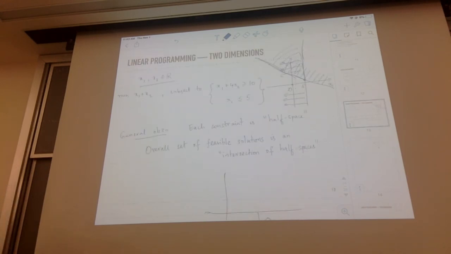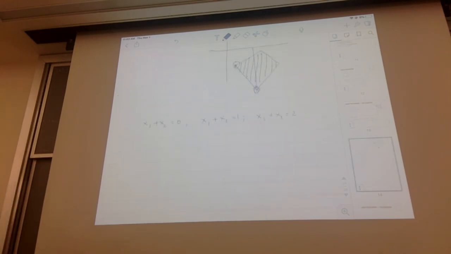In the 2D plane, these are very easy. x1 plus x2 equals 0 looks like this, this one looks like this, and so on. This is the set of all points on which x1 plus x2 equals 2, and this one is the set of all points on which x1 plus x2 equals 1.